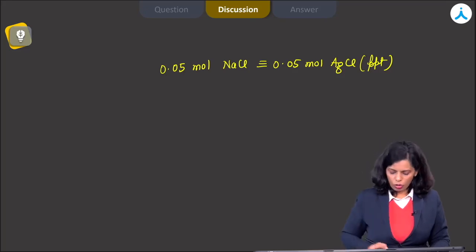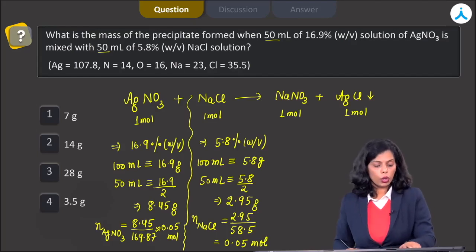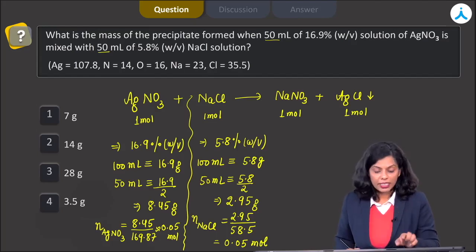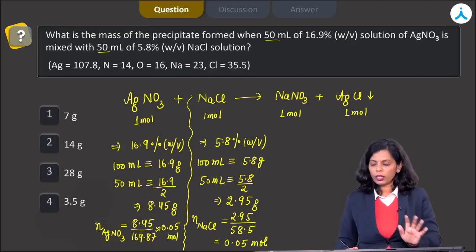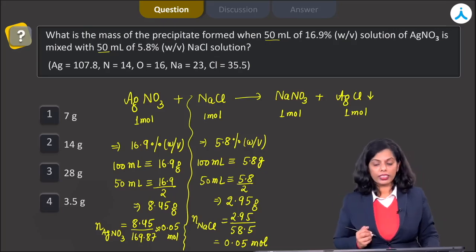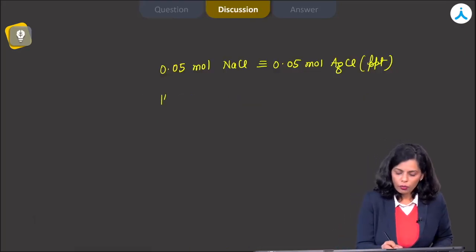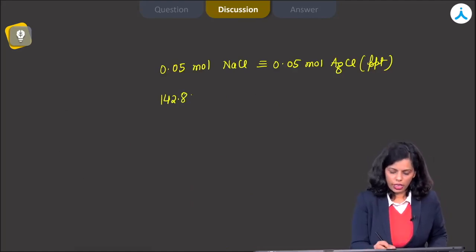Okay. Now, what is the molar mass of AgCl? Because you want to find out the mass of the precipitate as per the question. Have a look at the question, the mass of the precipitate you need to find out. Then what is the molar mass of AgCl? That is 142.8 into 0.05.